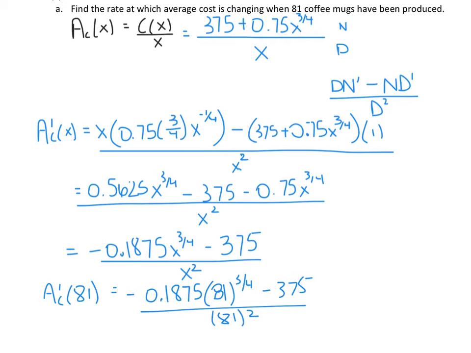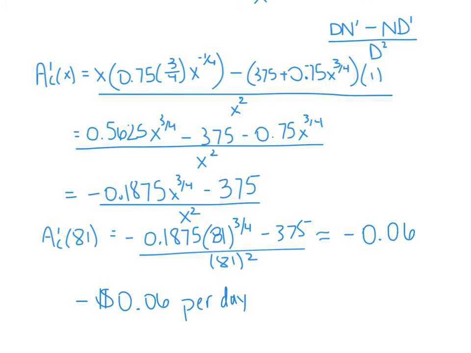And then simplify. And rounding our answer to the nearest hundredth place, we get a negative 0.06. So now in context of this problem, we were asked to find the rate at which average cost is changing when 81 coffee mugs have been produced. And we found that that rate is a negative 6 cents per day.